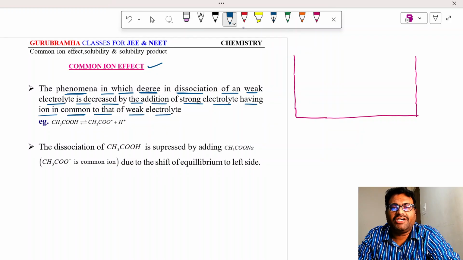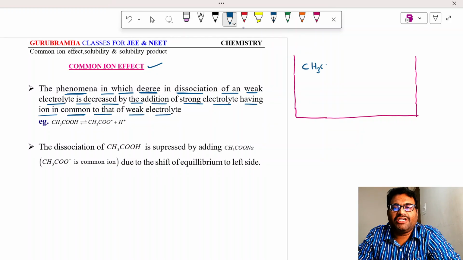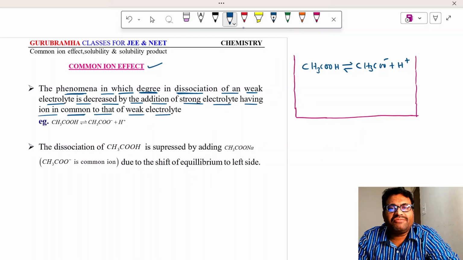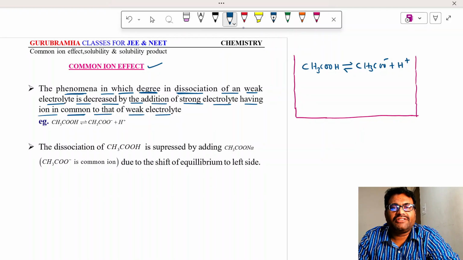What is present? Acetic acid, CH3COOH. It dissociates into CH3COO minus and H plus. As it is a weak electrolyte, we are writing both the forward reaction and the backward reaction.